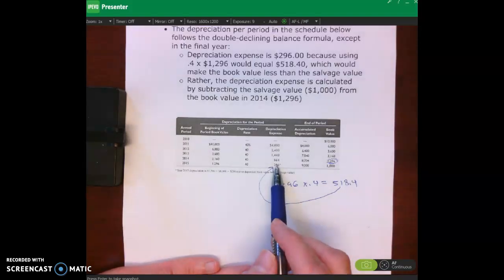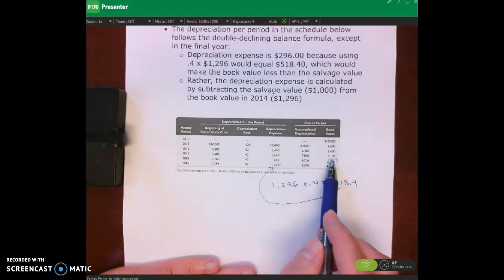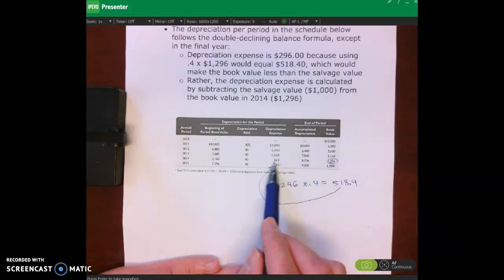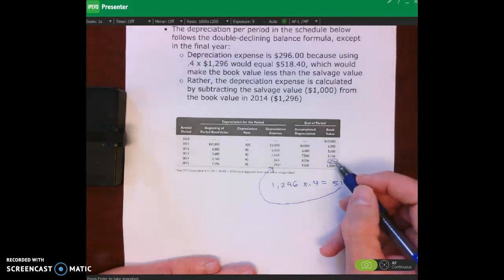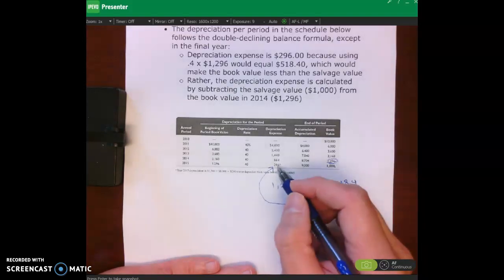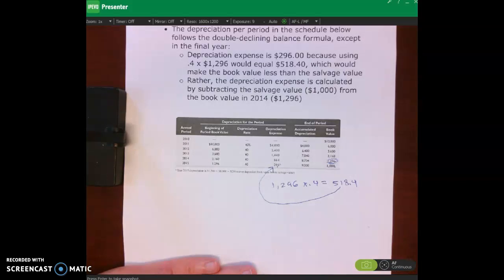So when you get towards the end of the accounting period, you may have to do an adjustment to record this final depreciation expense. The way we would do that is we would simply take this book value minus my salvage value of $1,000 to back into the depreciation expense for the accounting period.